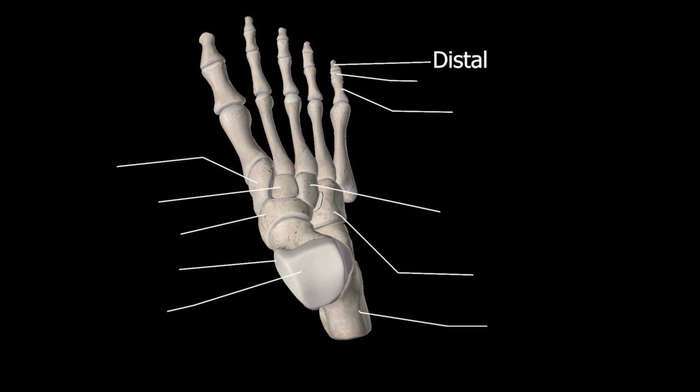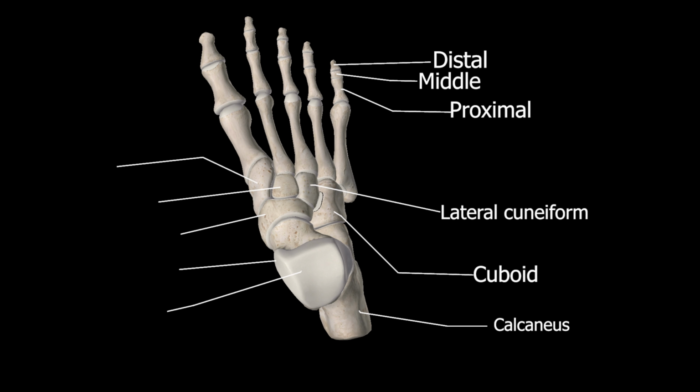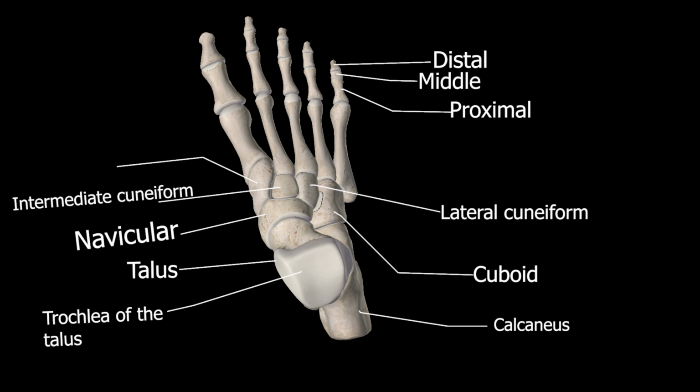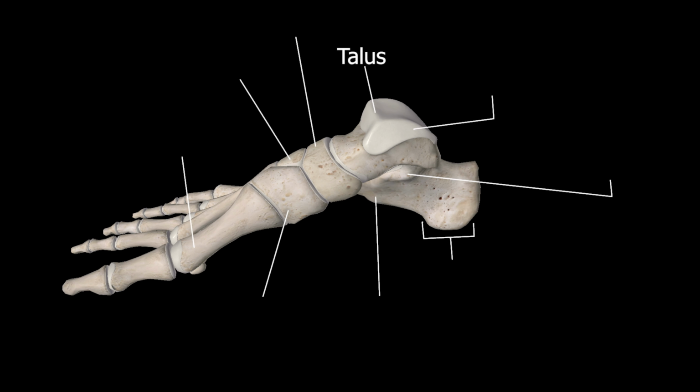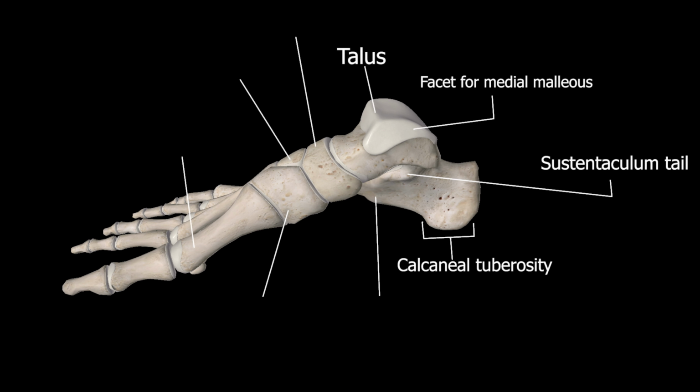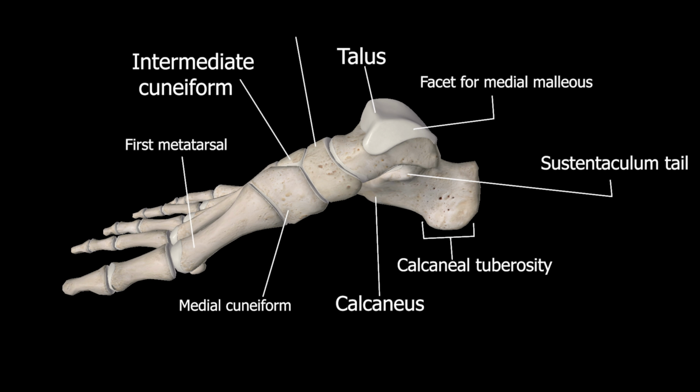Ankle and foot. Distal, middle, proximal, lateral cuneiform, cuboid, calcaneus, trochlea of the talus, talus, navicular, intermediate cuneiform, medial cuneiform. Talus, facet for medial malleolus, sustentaculum tali, calcaneal tuberosity, calcaneus, medial cuneiform, first metatarsal, intermediate cuneiform, navicular.